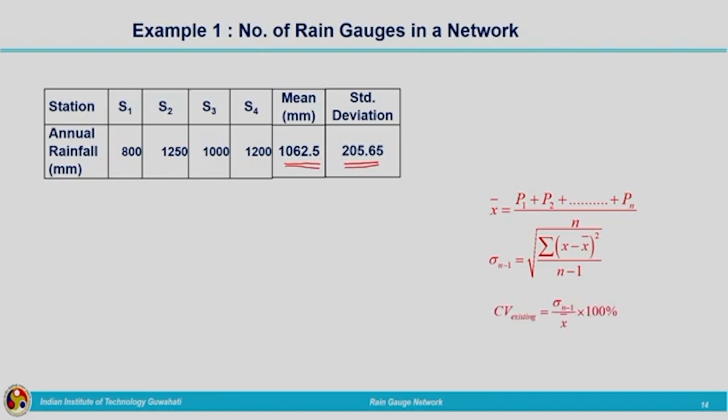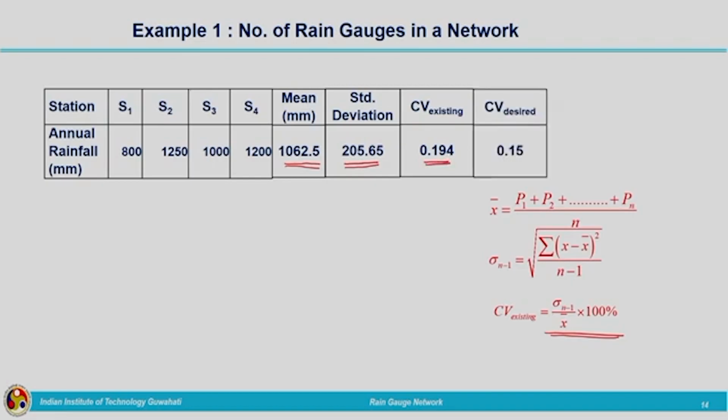After that, we will calculate CV. With the existing data, what is the coefficient of variation? That is given by this formula and it is calculated to be 0.194. CV existing is 0.194 and CV desired is given in the question as 0.15.